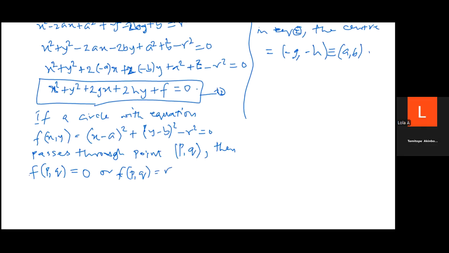So that's a remark. Take note of that. If a circle with this equation passes through point P, Q, this is what the question, or the remark, is saying.